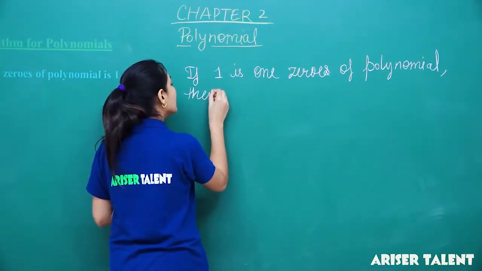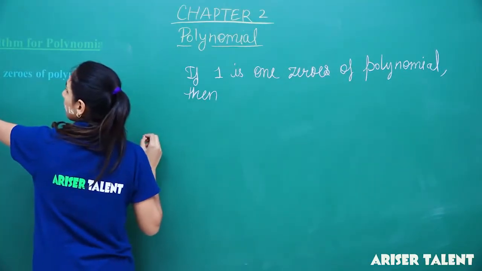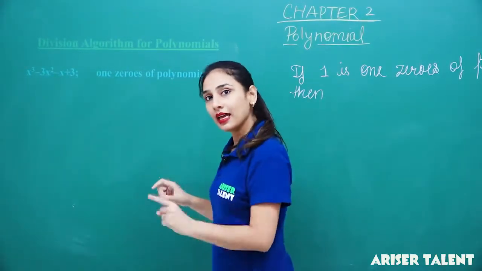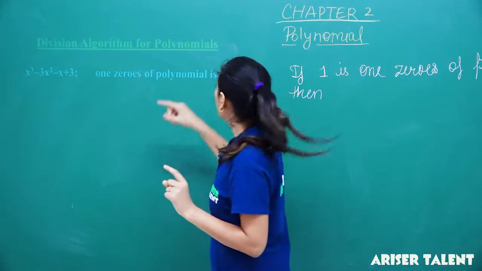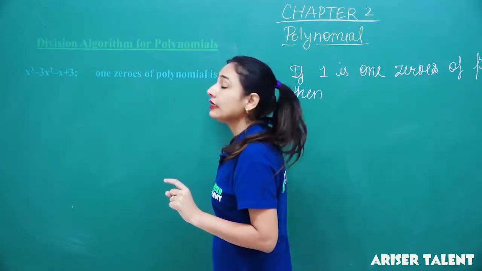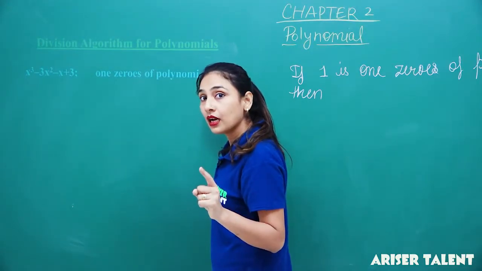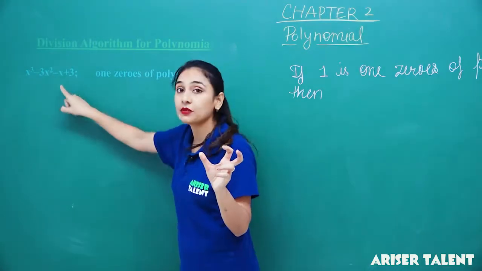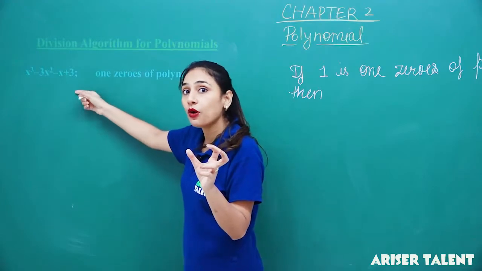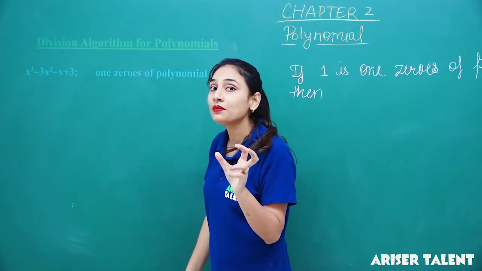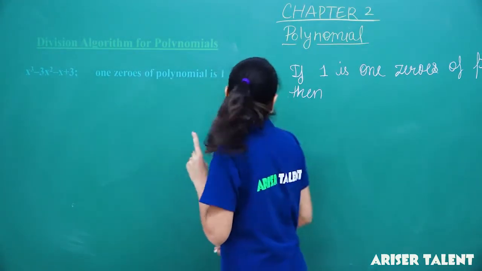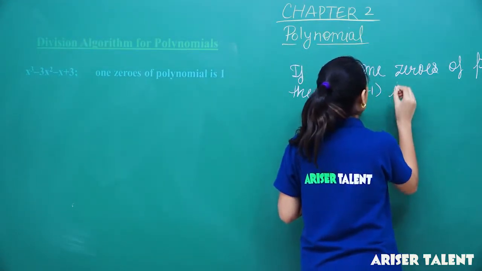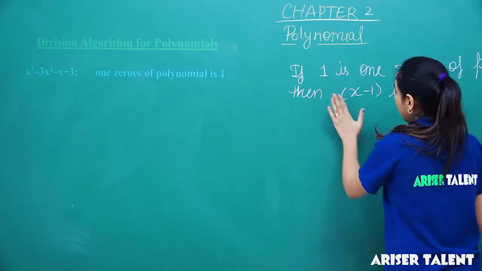It is in terms of x, the variable is x here. So if 1 is a zero of the polynomial, then one factor of this polynomial will become x minus 1.